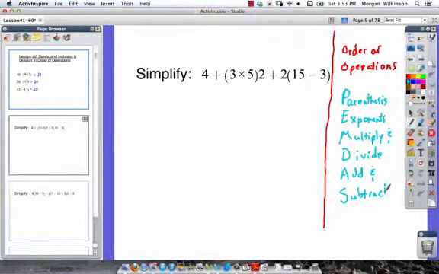The first thing we will always do will be to do everything within parentheses, then do things with exponents, then multiply and divide, then add and subtract. Let's go ahead and look at this problem.